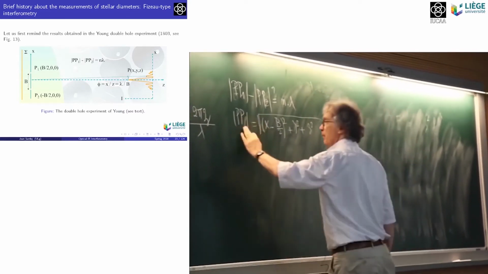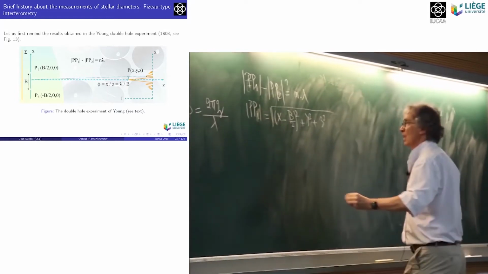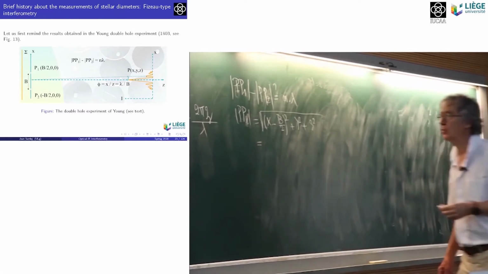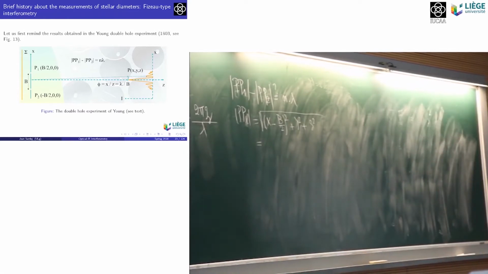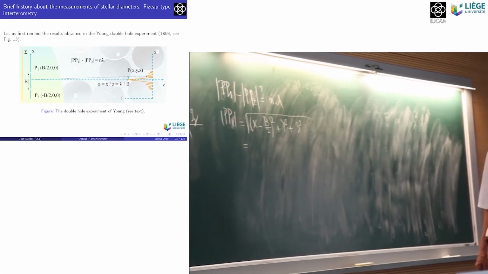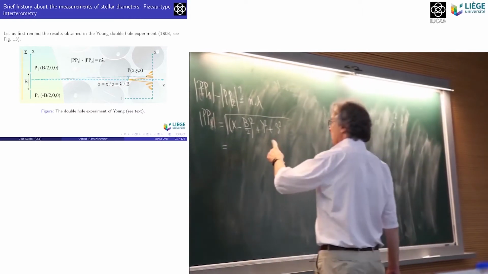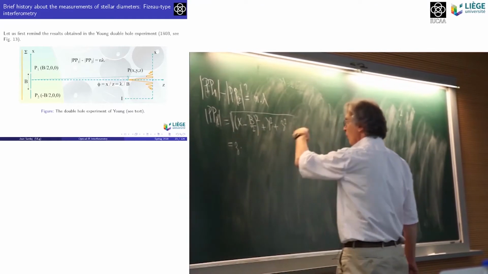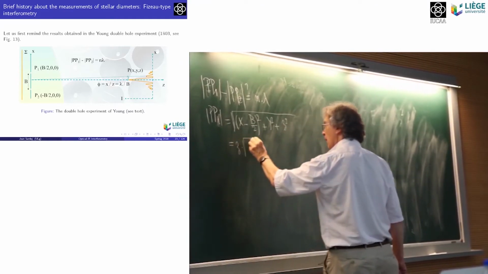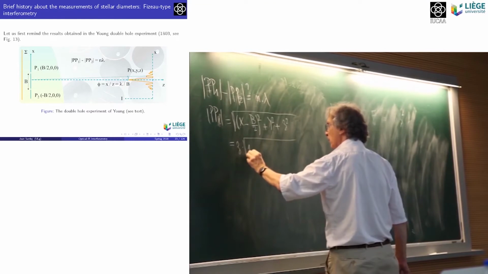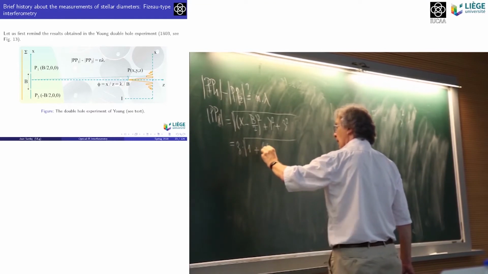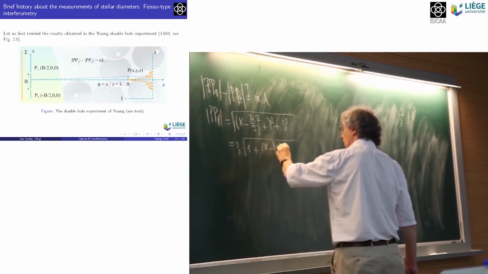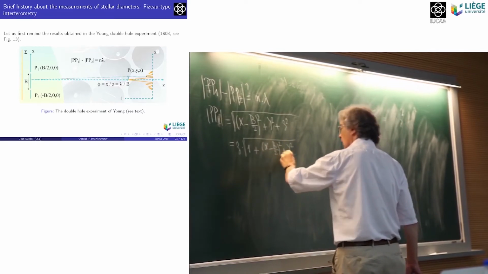So this is PP1. So we can say here that it is equal to, I will just put z in front of the square root. This is equal to z multiplied by the square root of 1 plus x minus b over 2 squared plus y squared, divided by z squared.